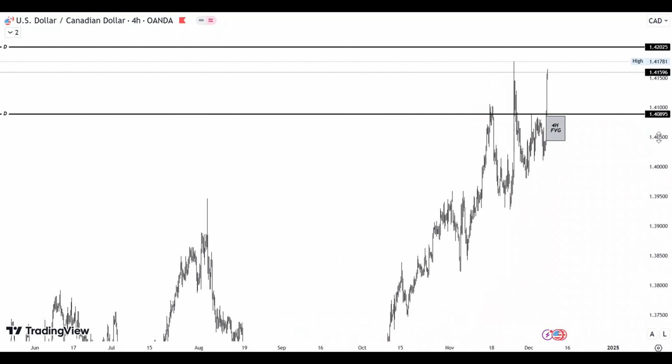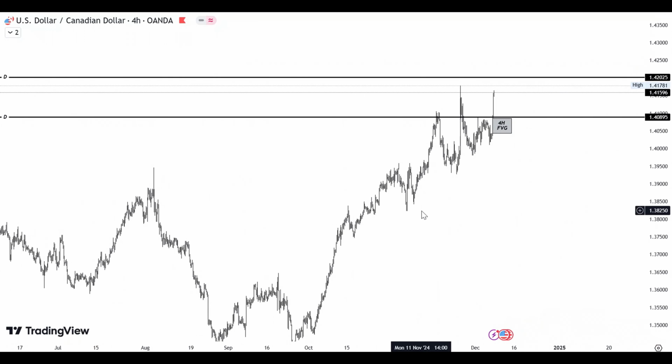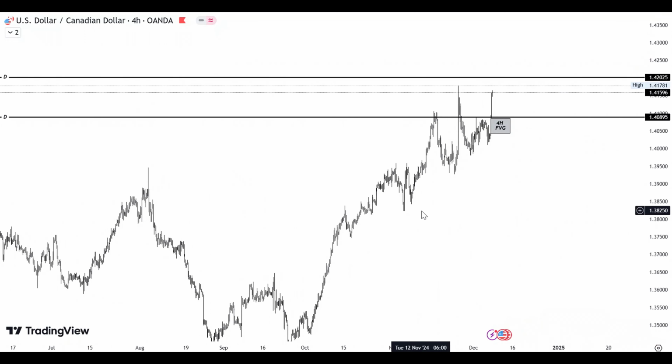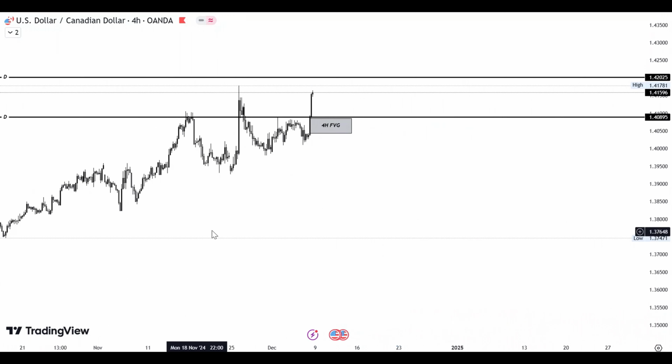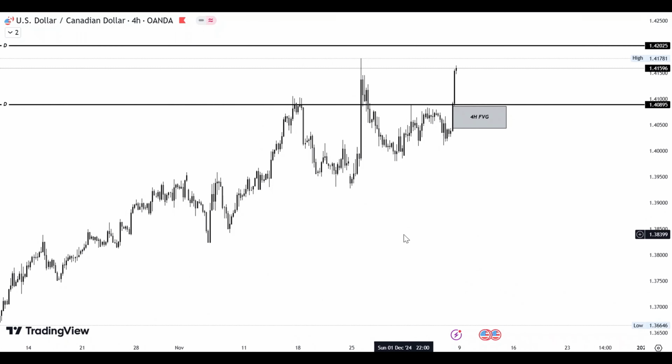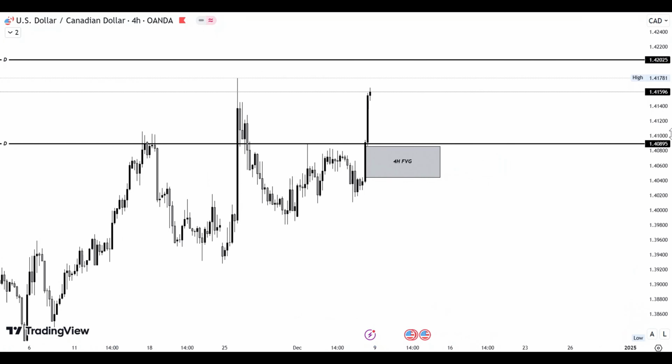Now, if you zoom out, just by looking at this chart, we all can agree that the market is in an upward movement.